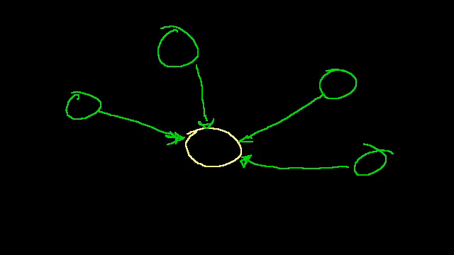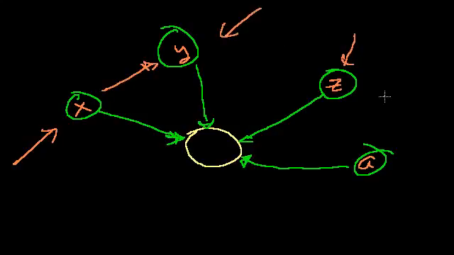And let's say that there are x ways to get there, y ways to get there, z ways to get there, and, I don't know, a ways to get there. I'll cycle through the alphabet. And this is just a subset of the larger graph, right? This graph could have a bunch of other connections. This is just where we are, and these are all of the nodes that connect to this.